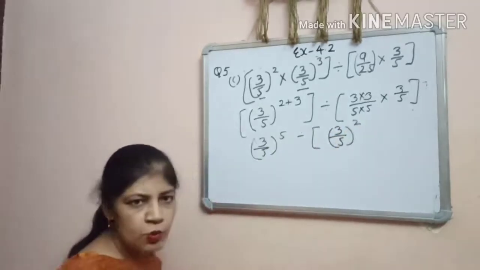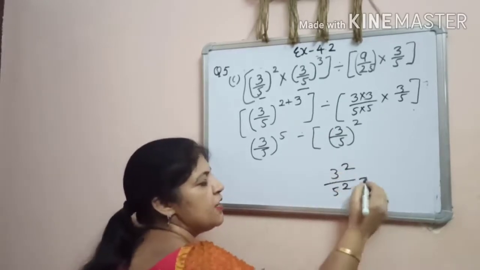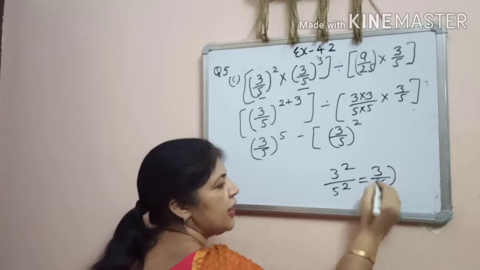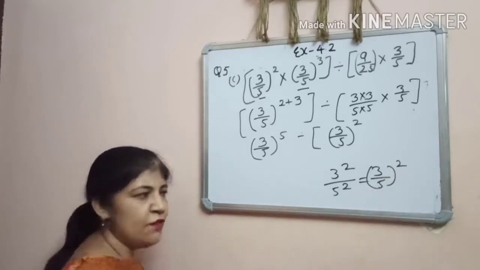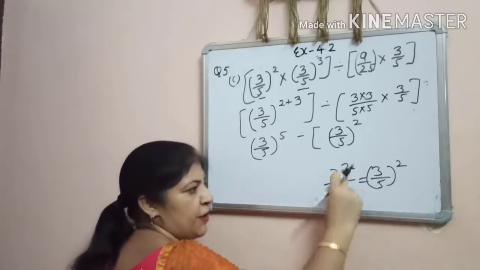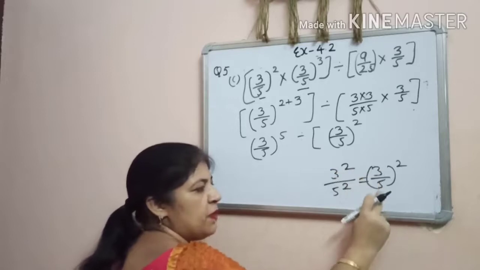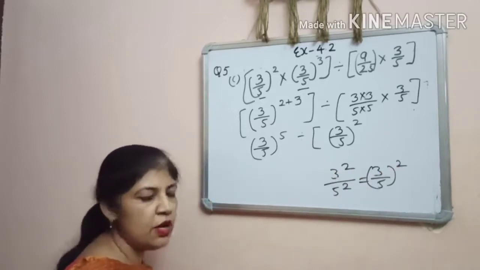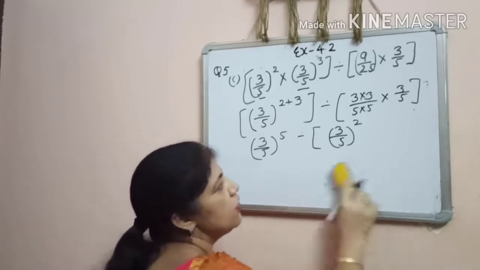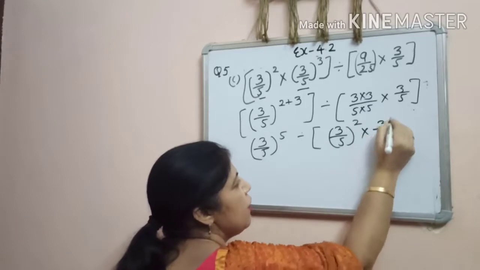Both have 2 power, means 3 raised to the power 2, 5 raised to the power 2. You can write it as 3 by 5 raised to the power 2. If bases are different, powers are same, so the bases will be divided with same power. This is also a law of exponent. And multiply by 3 by 5.